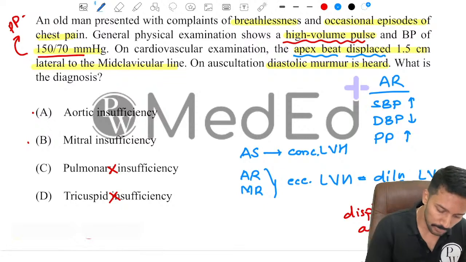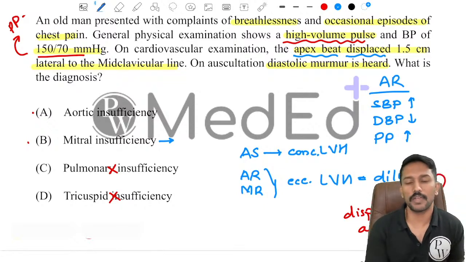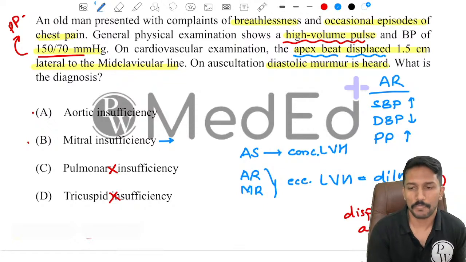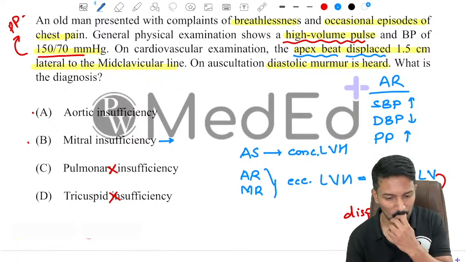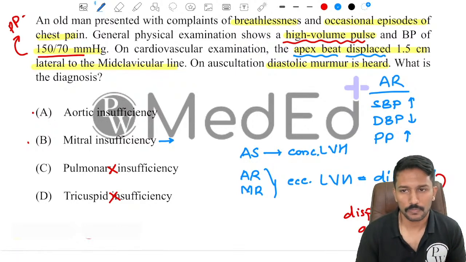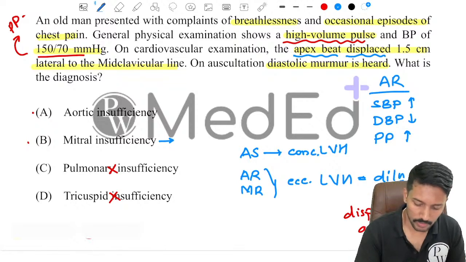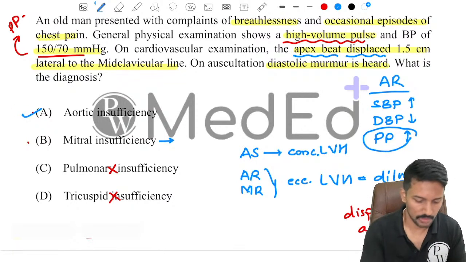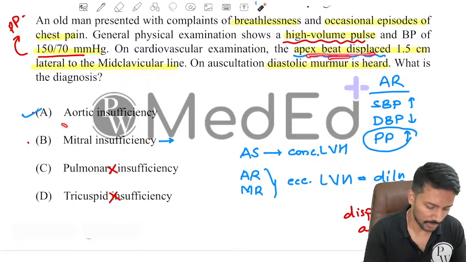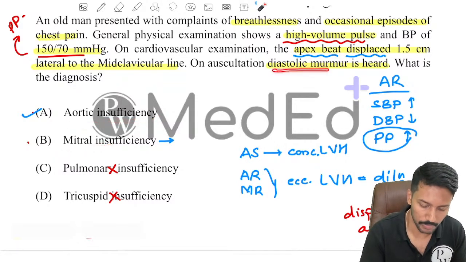Now if it is mitral regurgitation, what murmur will I get? A systolic murmur or a diastolic murmur? The wide pulse pressure is already going in favor of aortic regurgitation. Displaced apex beat can go in favor of both. Now I have to decide between these two primarily based on the murmur.